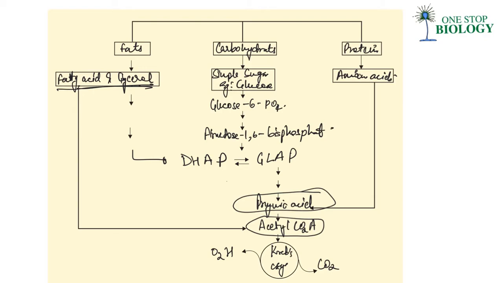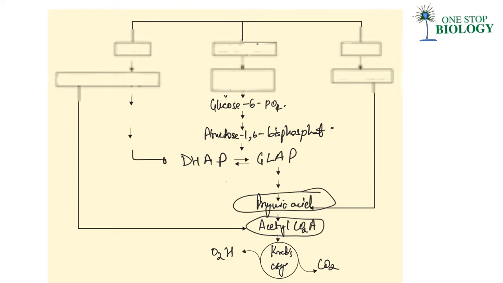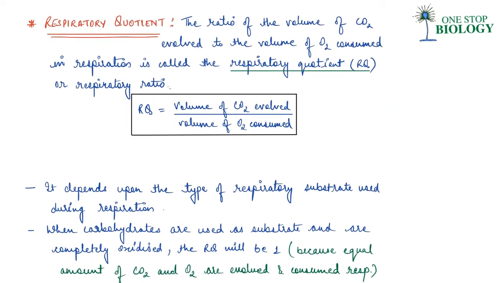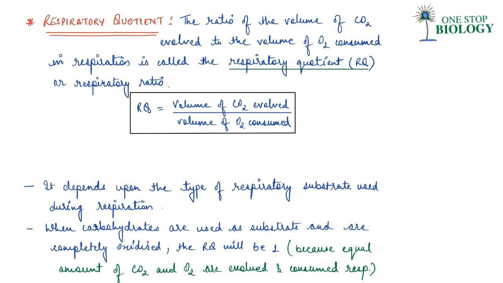Now let's understand the last topic, which is respiratory quotient. What exactly is respiratory quotient? Respiratory quotient is basically nothing but the ratio of volume of carbon dioxide which is evolved upon volume of oxygen which is consumed, right?